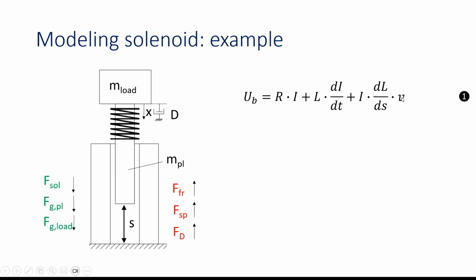And keep in mind, of course, that when the plunger is at the maximum inner position, this voltage should become instantly 0. So you have to put that instantly to 0, because the plunger isn't moving in that situation, that maximum inner situation.